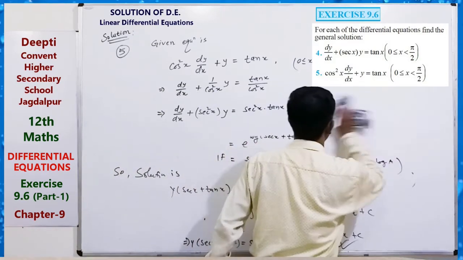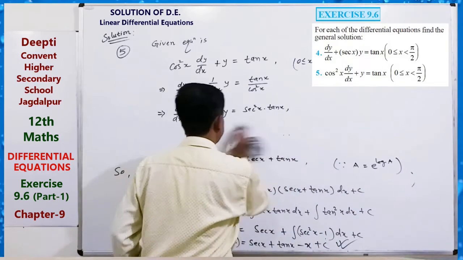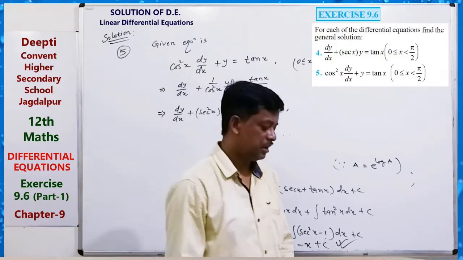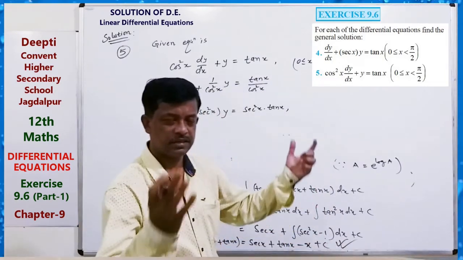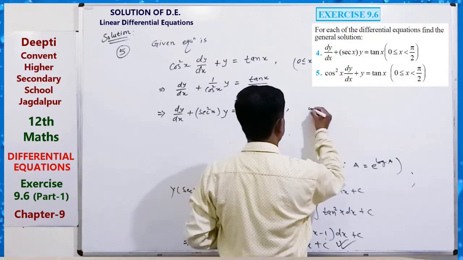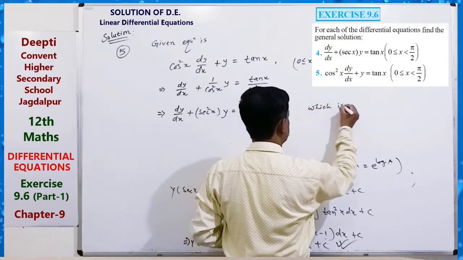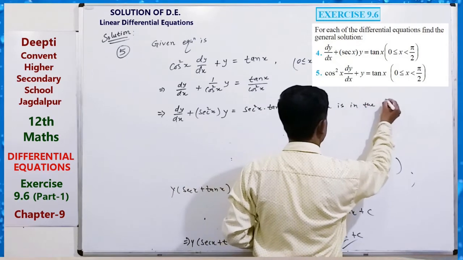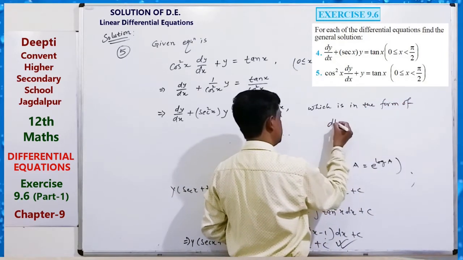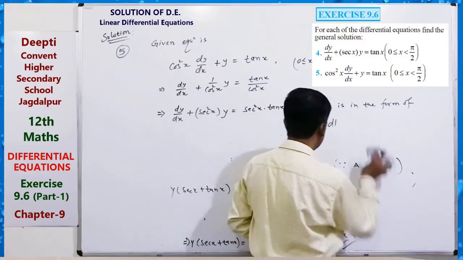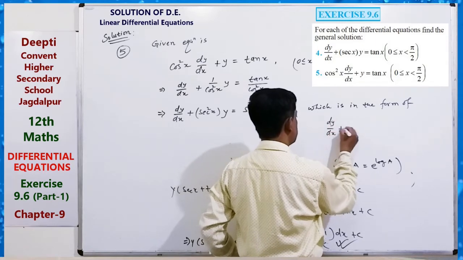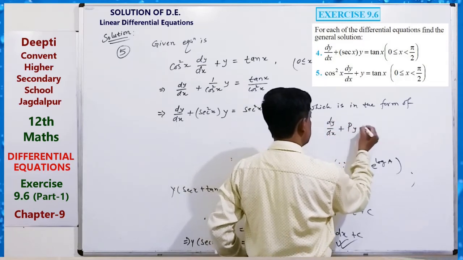That means when the given equation does not look like the form dy by dx plus Py equals Q, we can write it like this.